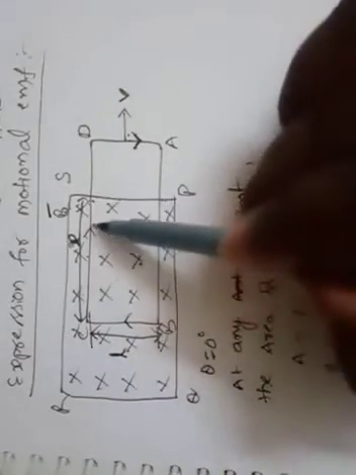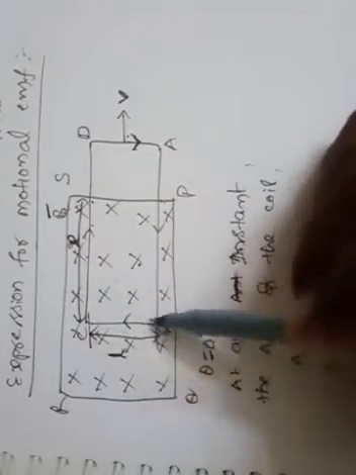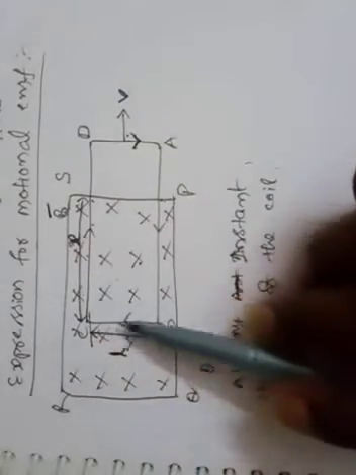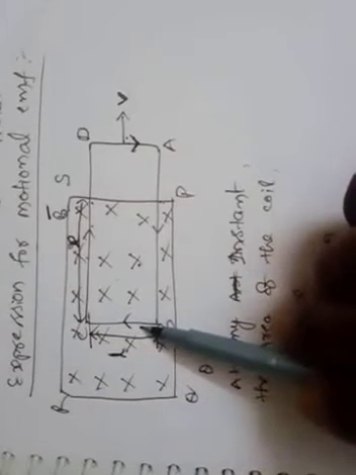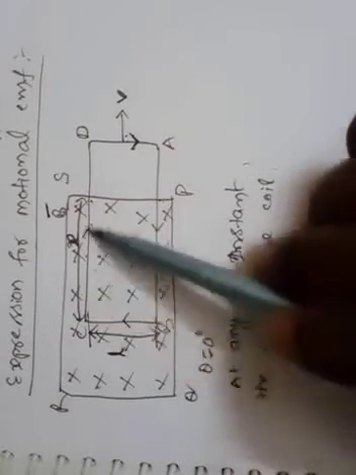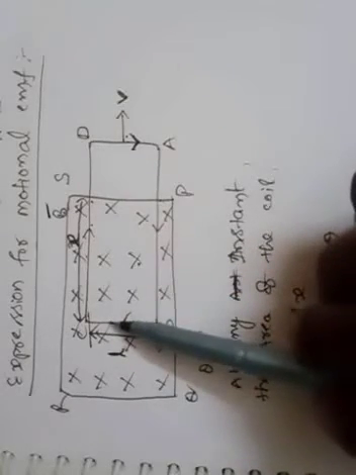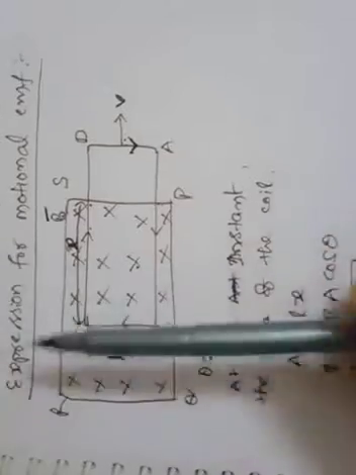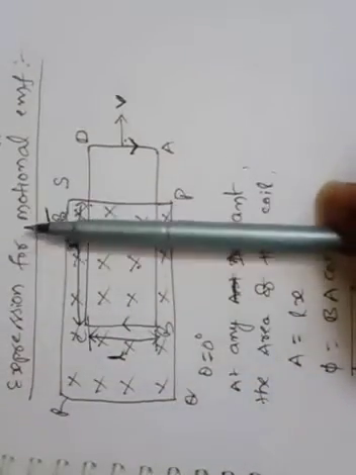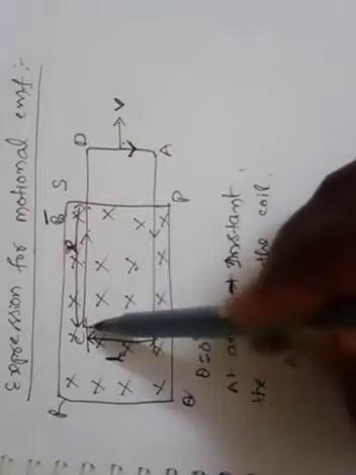If you see the diagram, this X is going to change, meaning it will decrease because the coil is pulling out. And what about the length of this part BC? This is a constant. And here one point you should remember: these three parts of the coil are moving inside the magnetic field, but the induced EMF is produced only due to this one.